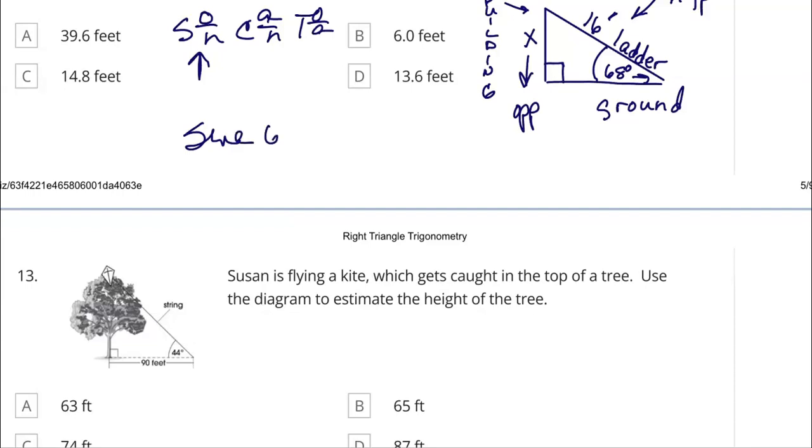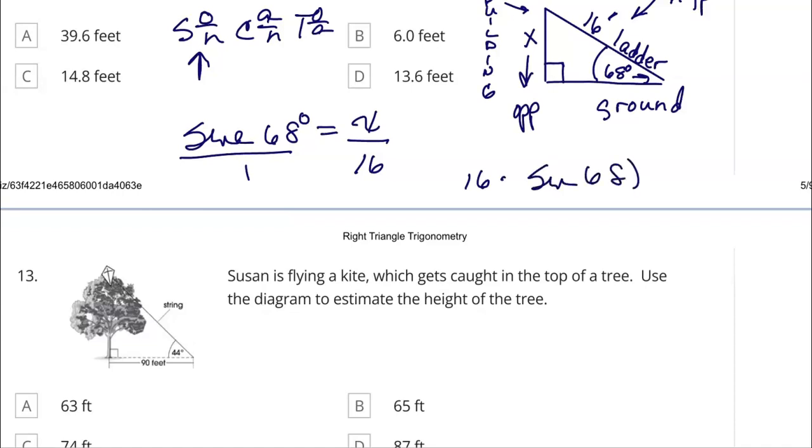Sine of 68 degrees equals opposite, which is x, over 16, that's a one-step problem, so 16 times the sine of 68 equals x. Put that in your calculator and you should be getting an answer of 14.8. So this is your answer right here.